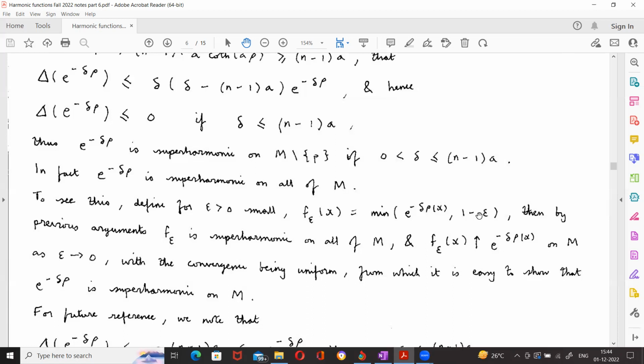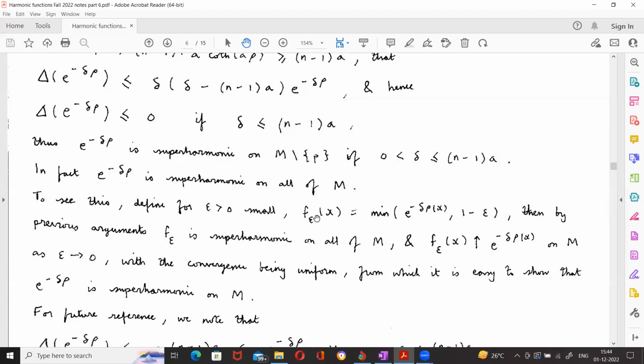So this minimum will become 1 minus epsilon. So this function is constant in a neighborhood of the origin, equal to 1 minus epsilon. So in a neighborhood of the origin, it will be superharmonic. It's constant there. And if you're outside the neighborhood of the origin, then locally it is the minimum of two superharmonic functions. Therefore, it is superharmonic, right? Okay. Yes.